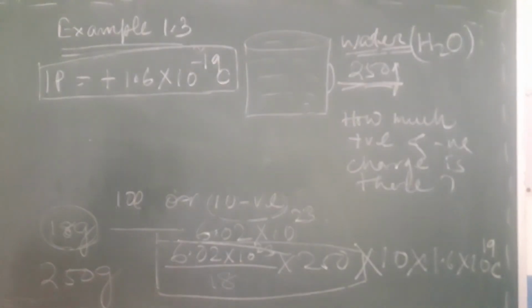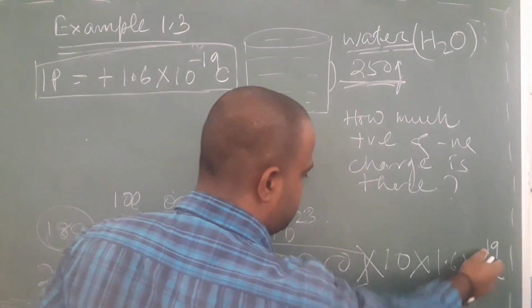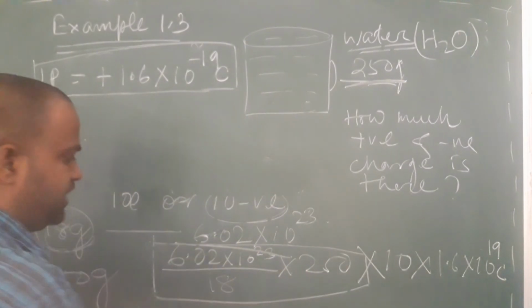If we multiply it, I am not multiplying here, just multiply the powers of 10 with each other, then numbers with numbers, and divide.